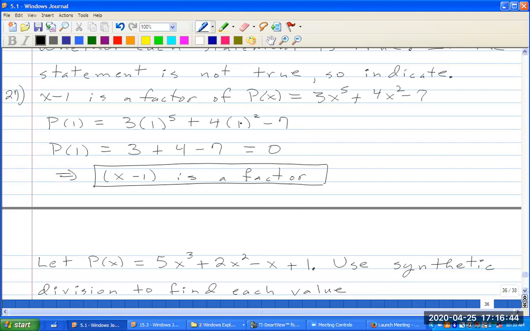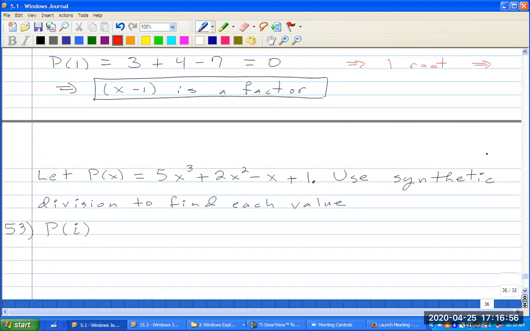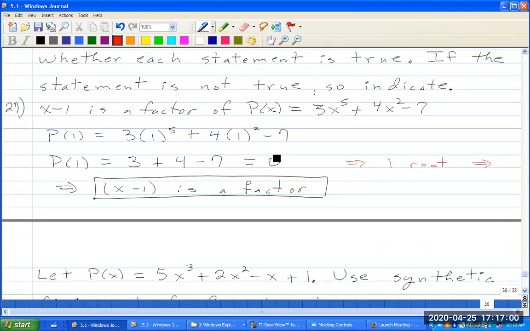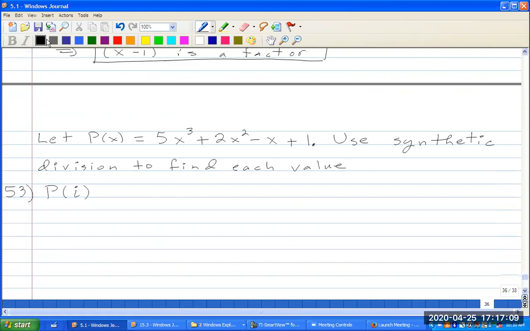Rather than actually plug in, I want to use the fact that it's a root. And so what I'll do is I'll just use synthetic division.